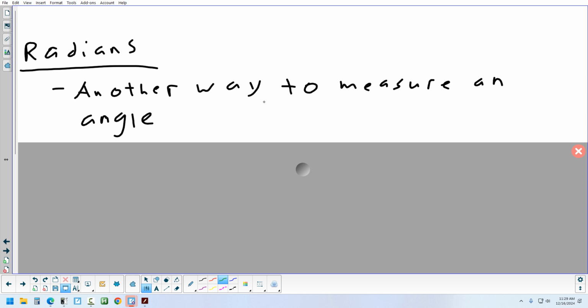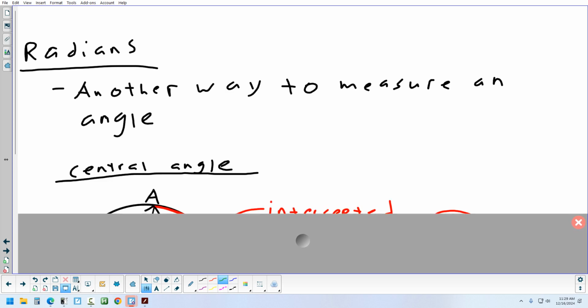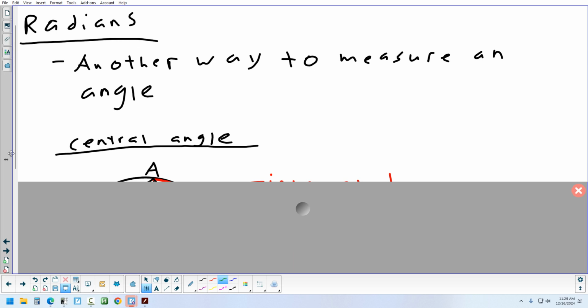If you look at the word radian, it kind of looks like another word from geometry. It looks like radius. And the way I'm going to explain what a radian looks like is using a shape that has a radius in it. That shape would be a circle.